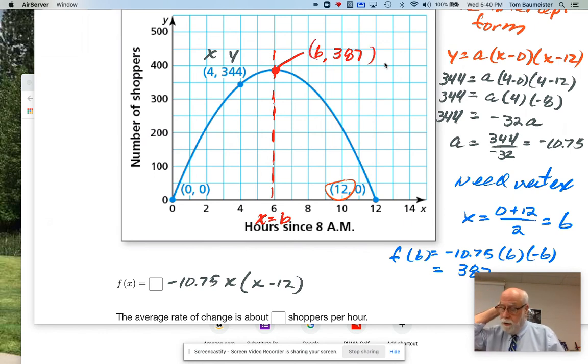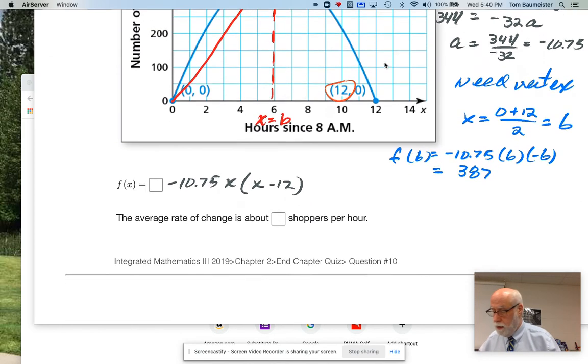All right, so then what they want us to do is find the average rate of change over the interval where the number of shoppers is increasing. So again, since it's increasing, you know it's going to increase from 0 to our vertex. So luckily, they're only making us do 1.